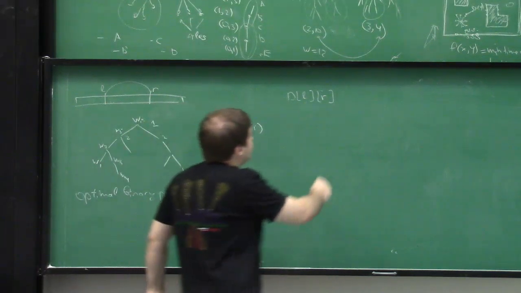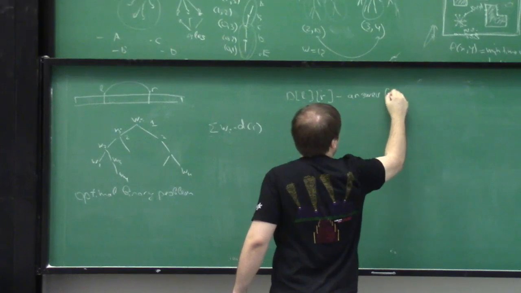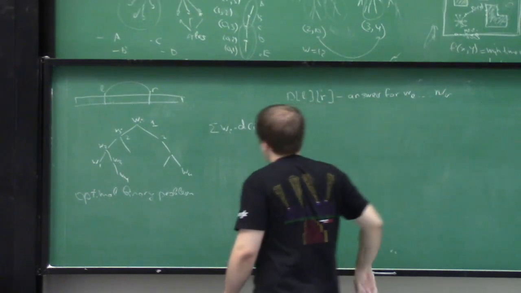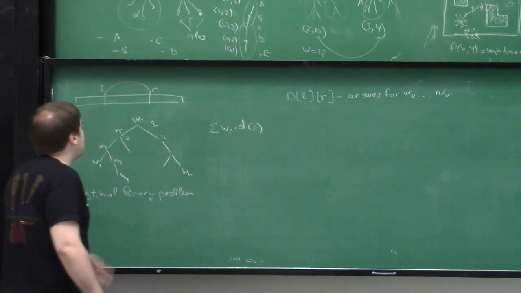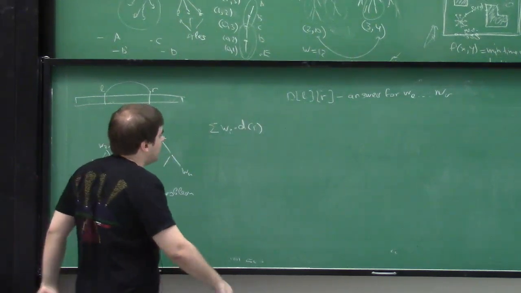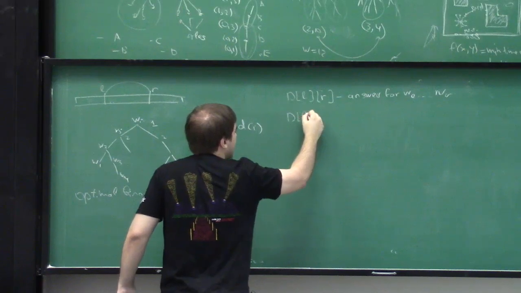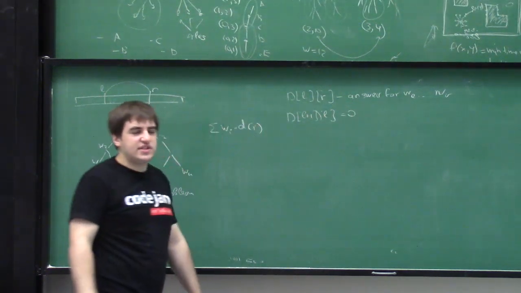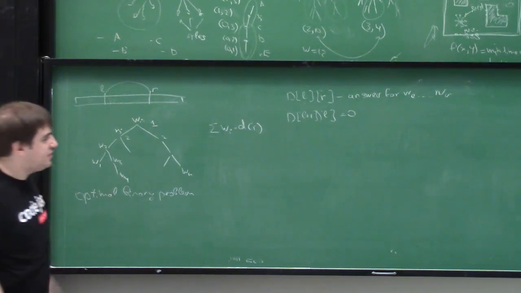So D[L][R] is actually the answer for WL up to WR. What's the dynamic programming formula for such a function? Well, first of all, the base is for empty segments. It is 0 because the sum of weights multiplied by depths in an empty tree is 0.